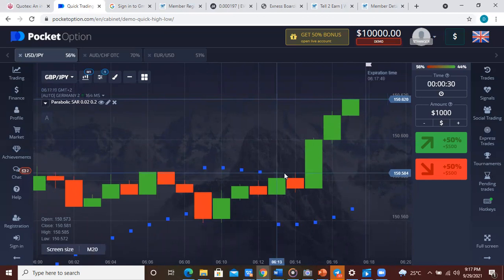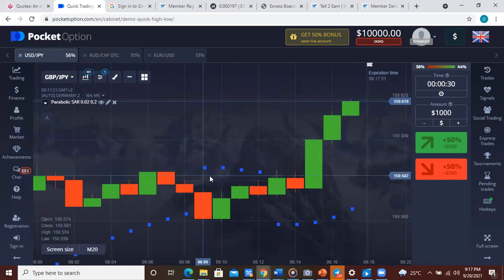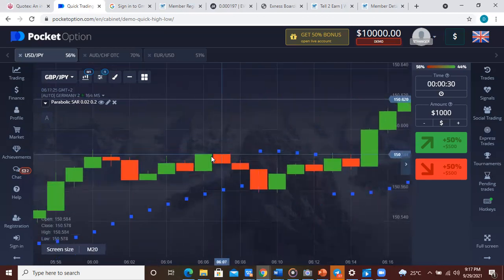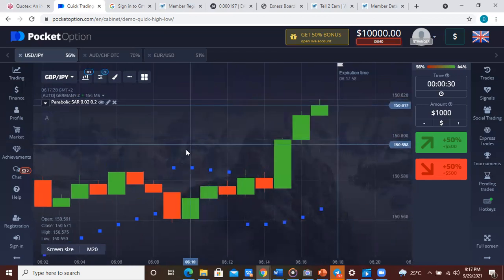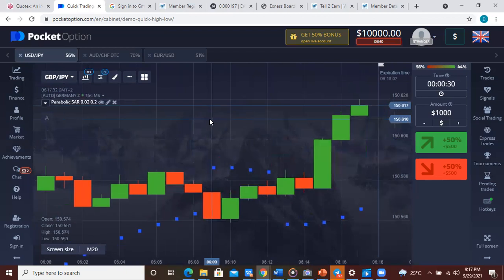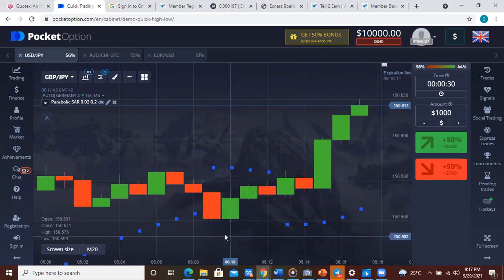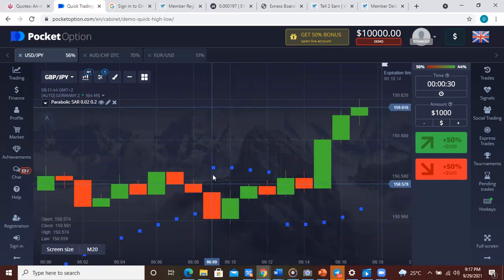Usually there is something that has been happening on the Parabolic SAR. This word, if you don't know how to mention it, you will just be mentioning something. All right. So if you can study something over here, you see that anytime you see the Parabolic SAR at the top here, the first candle usually does what?